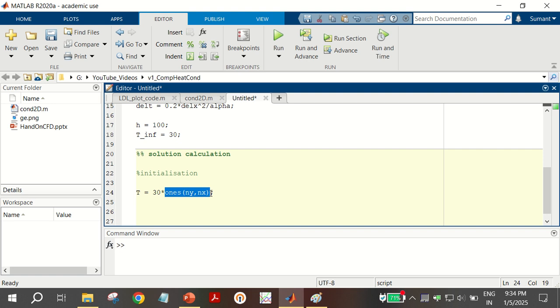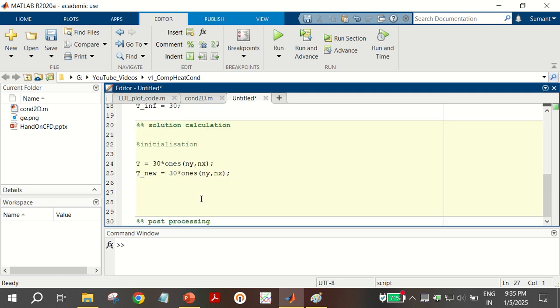So it will be just having ones. So you just multiply it with a scalar value of 30. Okay. So we will also need a t new value. So this is like tn, and then we will also calculate tn plus 1, that is the new time level value. So let us initialize that also, starting with the same thing. Okay, so this should be okay for initialization.